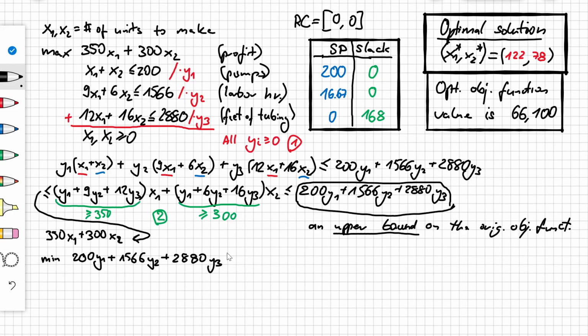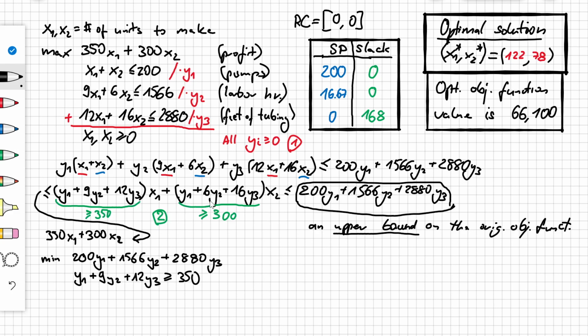However, under certain conditions. What conditions did we put? Remember, we put 2 conditions. Let's start from the second one. y1 plus 9y2 plus 12y3 must be greater than or equal to 350. That's the first part of condition number 2.